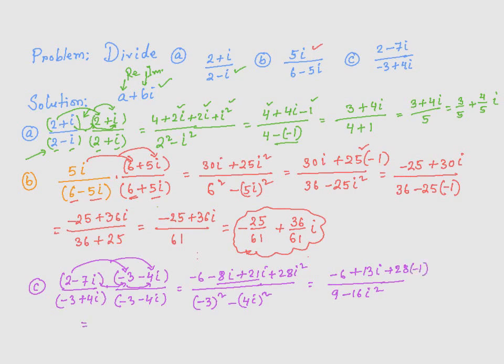Then I simplify it further. In the bottom it is going to be 9 minus 16 times negative 1, because i squared is negative 1. And the top is negative 6 plus 13i minus 28, because 28 times negative 1.